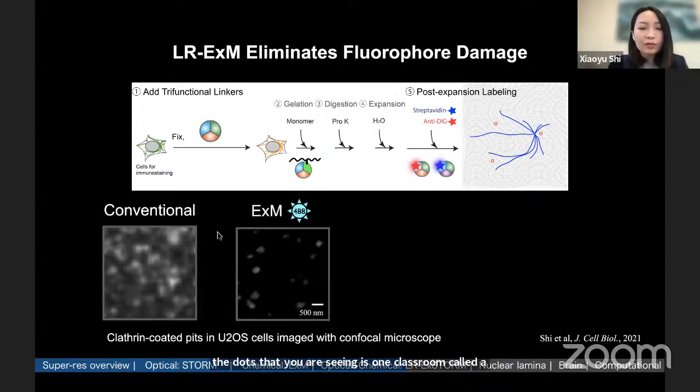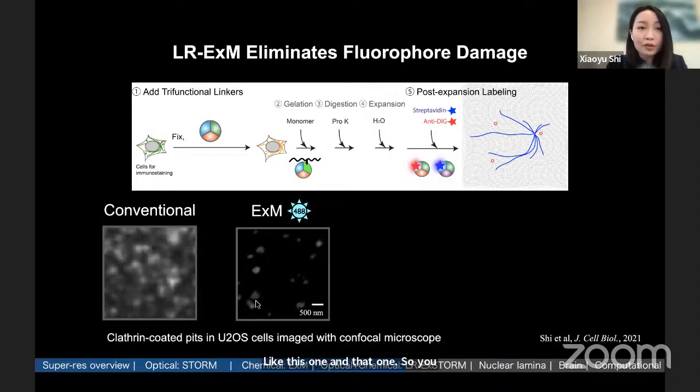And with expansion microscopy, this is a standard expansion microscopy with the Alexa Fluor 488 dye, and you can see the samples are enlarged. And in these structures, you can almost see the hollow structure of expanded clathrin-coated pits like this one and that one. So you may see a little bit dimmer in the middle.